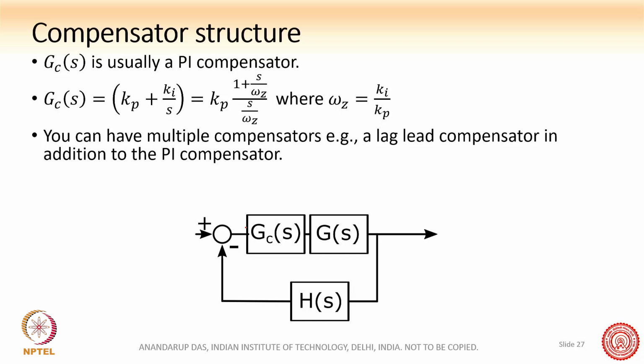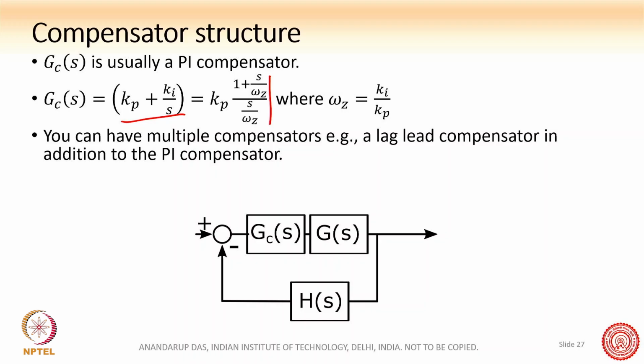So when you have 100 Hertz ripple, suppose you have a single phase system, you will have a 100 Hertz ripple on the voltage source converter, and there PR controller works sometimes better, okay? But for this kind of three-phase systems, we have seen that a PI compensator is good enough. So then you have this Kp plus Ki by S, and again I have written it in a normalized form, okay?